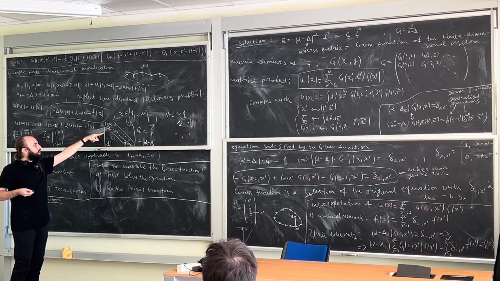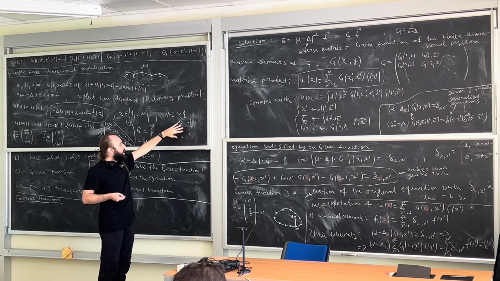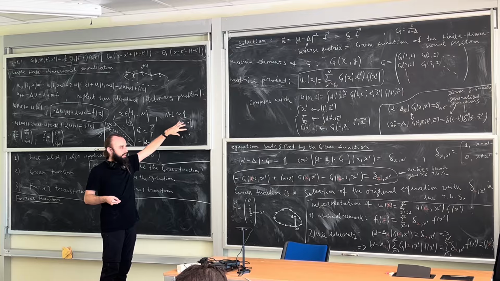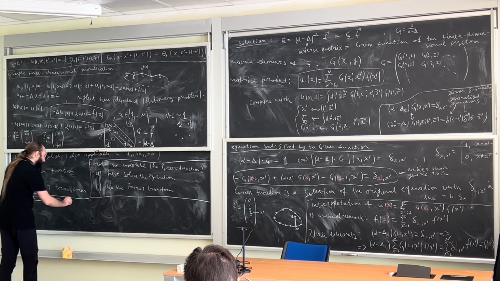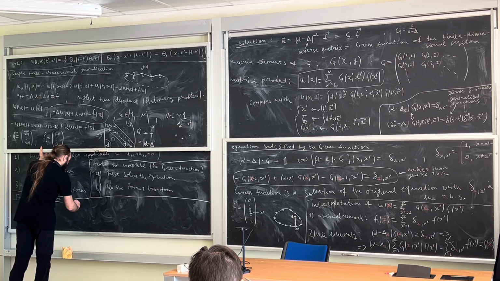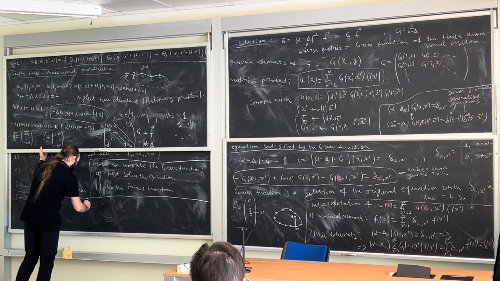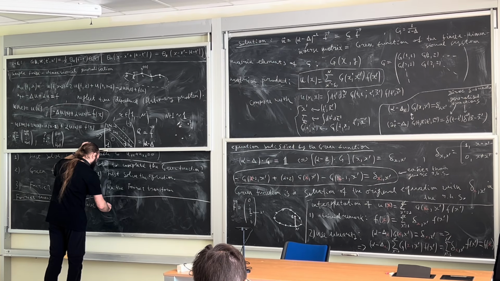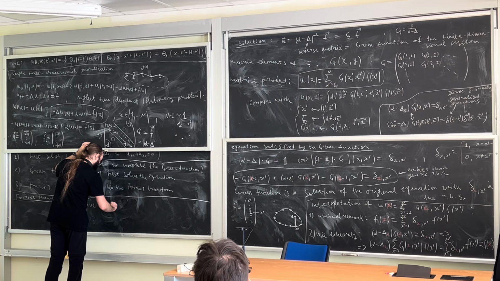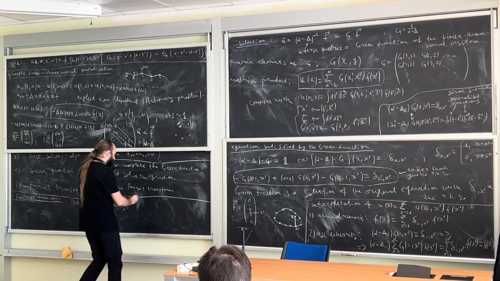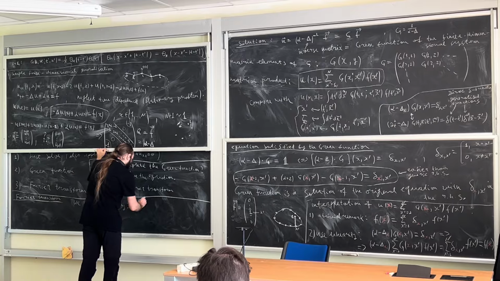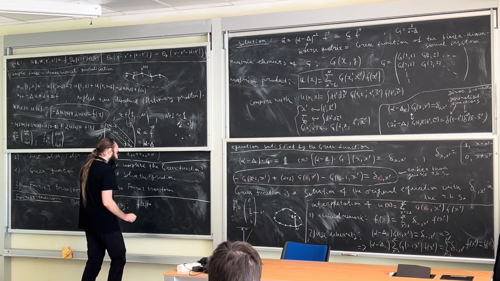So let us look at our system. We clearly see that it has a symmetry, and namely rotational symmetry. So f of x goes to f of x plus 1.